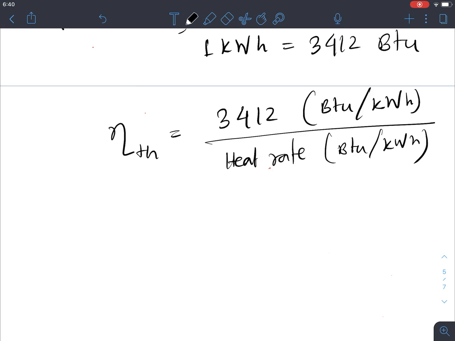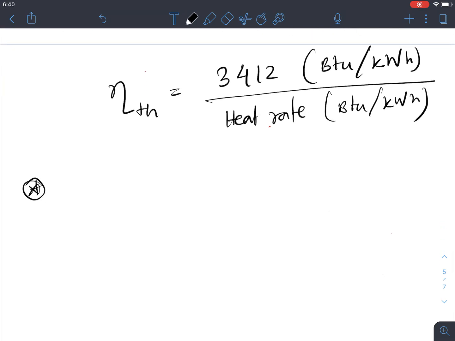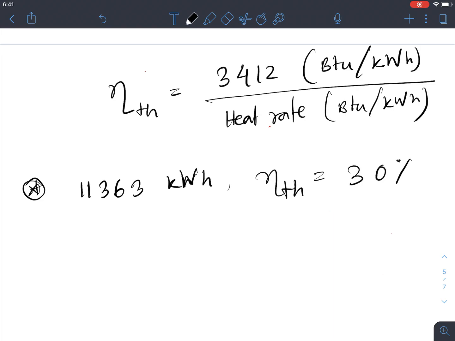So that's the efficiency expression. Just to give you an example, if the heat rate is 11,363 BTU per kilowatt hour, then the thermal efficiency of that particular cycle would be almost 30%. If you just plug in this value, you will get an efficiency of 30%.